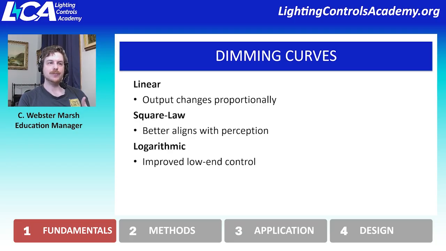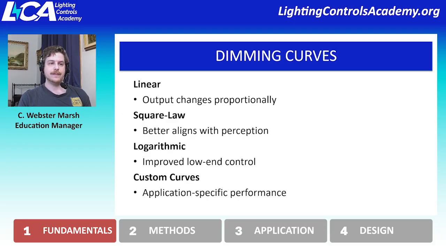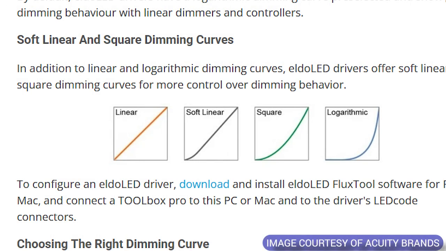I'm not going to get too much further into the weeds on that, but I highly recommend you check out, there's some great literature by the IES, the Illuminating Engineering Society, on perception of brightness. And then finally, there's custom curves. So we might have application-specific performance depending on what we're trying to control for.